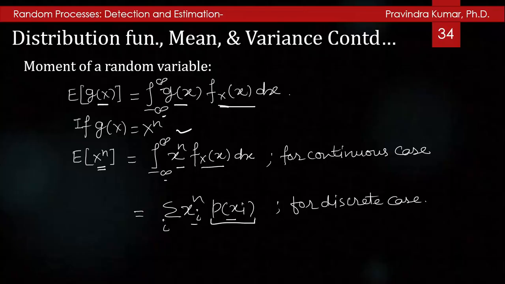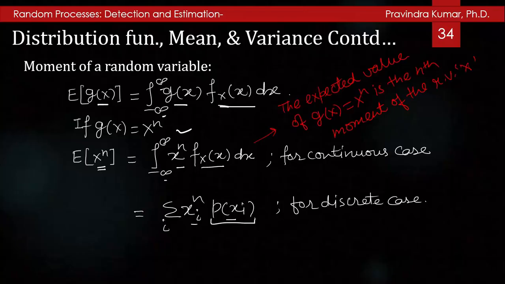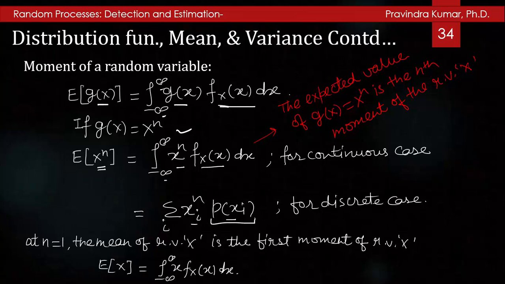The expected value of g(x) equal to x to the power n is the nth moment of the random variable. So if n is equal to 1, we can find the mean of the random variable.